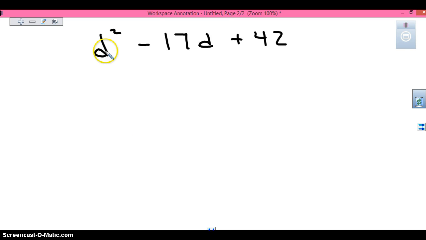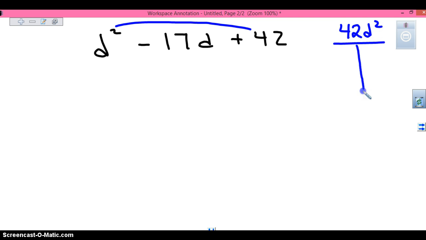We have to factor d squared minus 17d plus 42. Going to multiply d squared times 42, and we get 42d squared. We start factoring 42d squared, keeping in mind that we want the factors to add up to negative 17d.